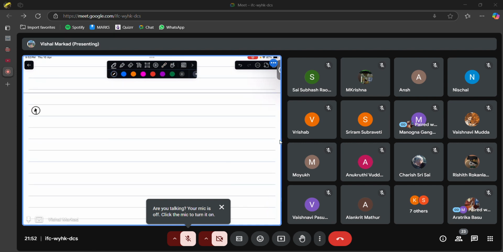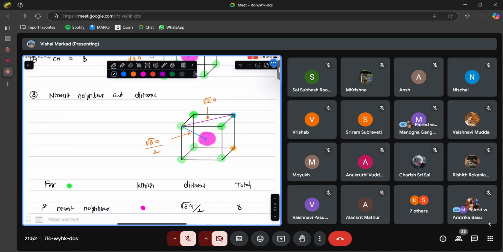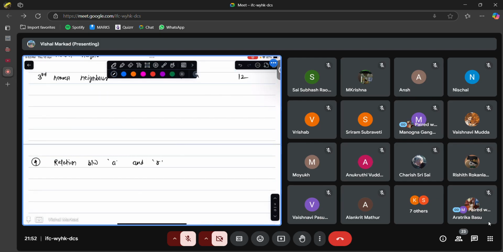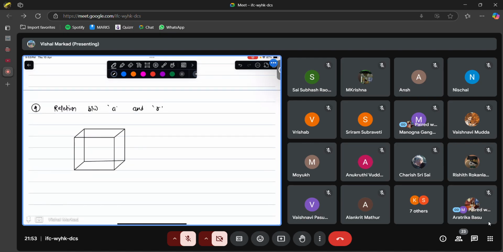Now one more thing. Now we have to see a relation between A and R. Now I am drawing here the body diagonal.